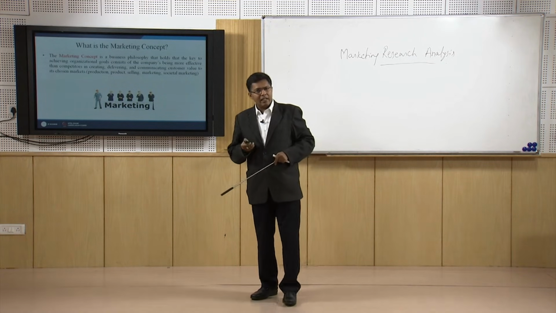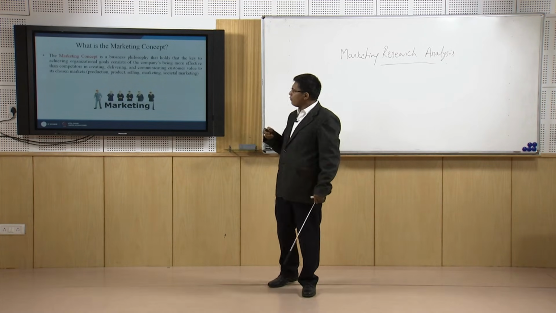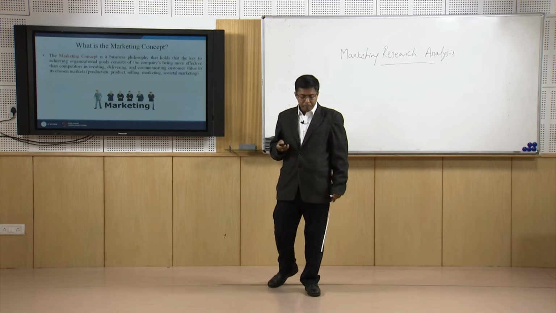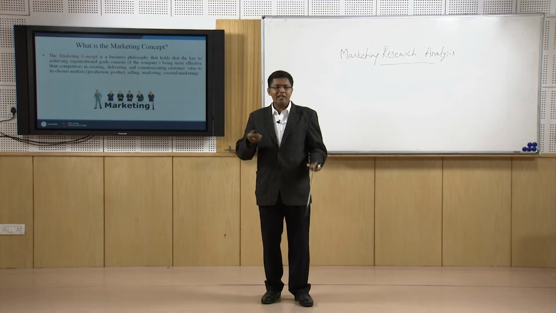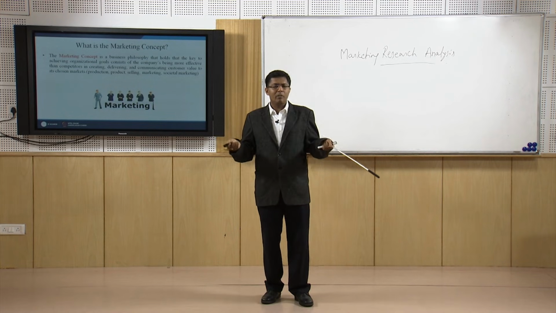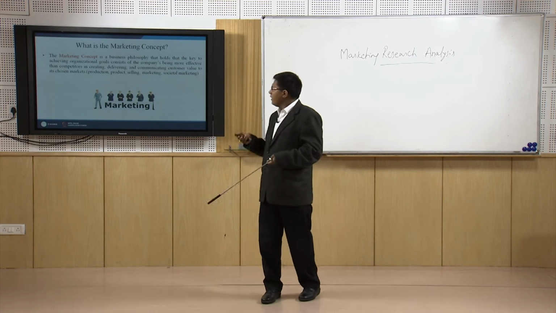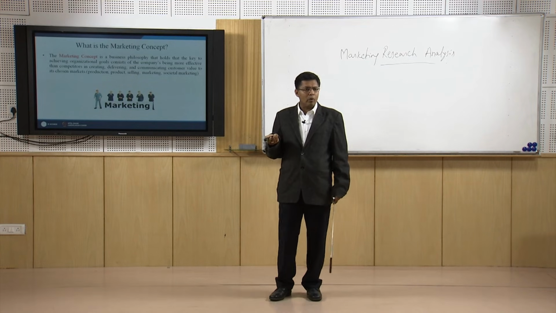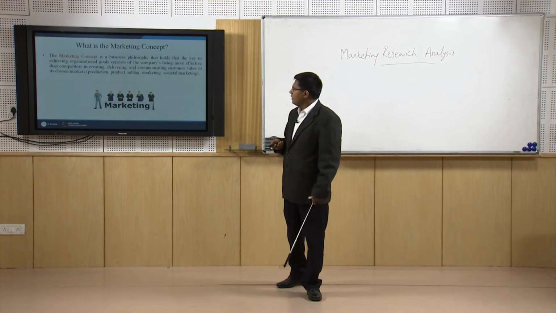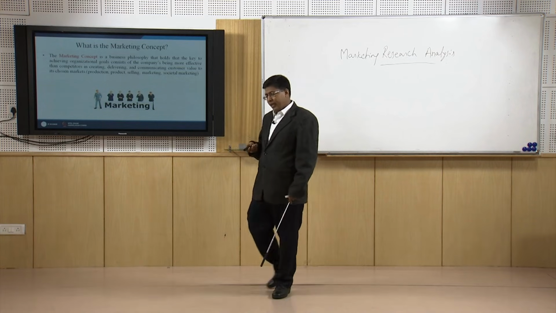Production concept, as I said, started with it. Then we moved on to the product. People said in the production that whatever you produce, it will be sold in the market. So, the manufacturer was the king. Then came the product concept, where they said every good product would sell on its own. So, nothing is required. Then they thought maybe it is not working.